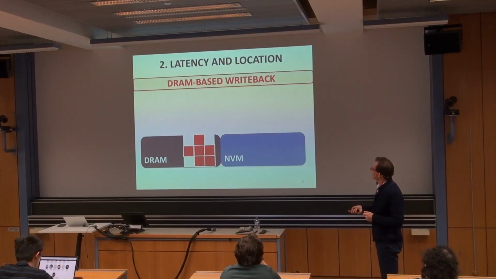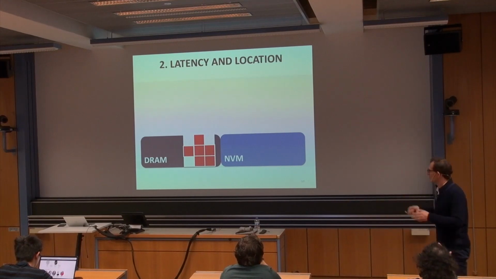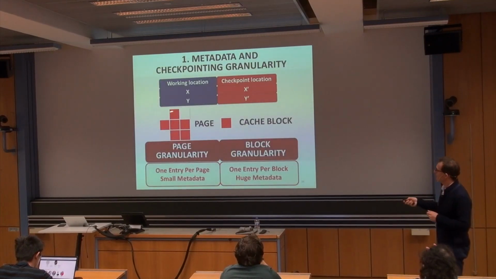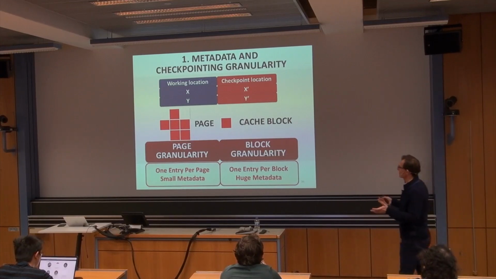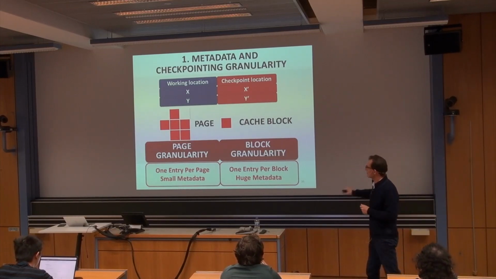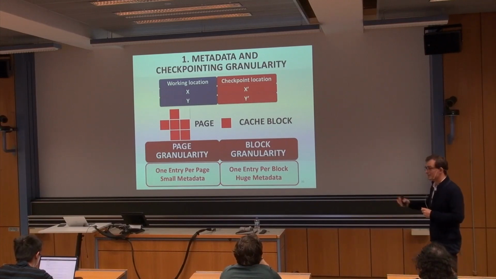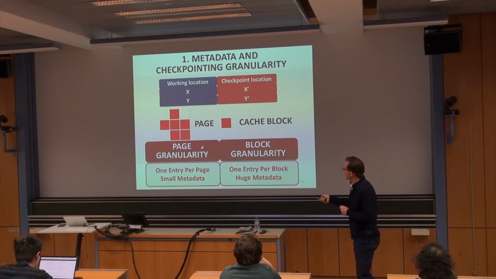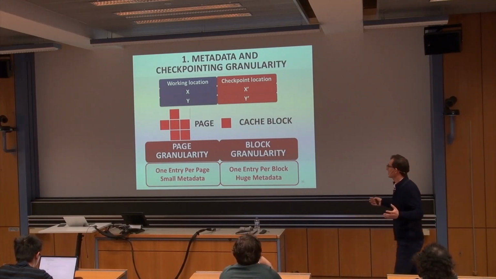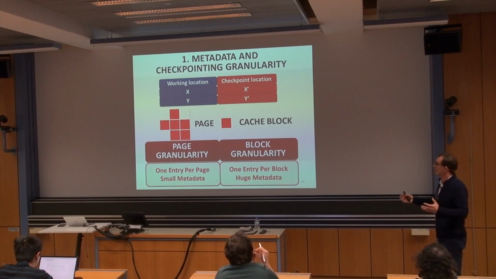I'm going through the ideas relatively quickly, but if you want to checkpoint at the page granularity, that may actually be slow, right? Especially if you want to write it to persistent memory. That's how you checkpoint actually. You need to write the data into persistent memory to checkpoint. And if you do it at a huge page granularity always, that takes a lot of time.